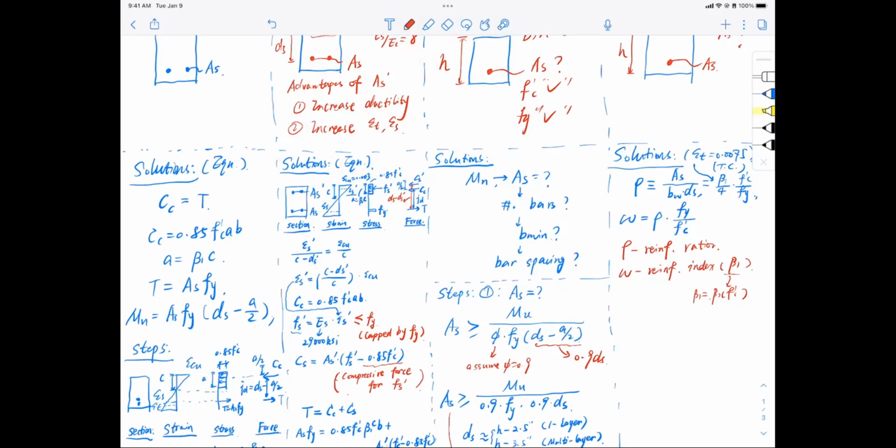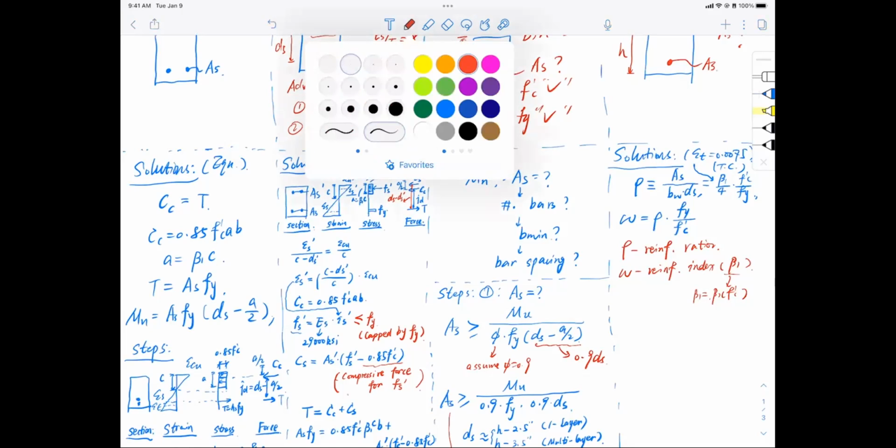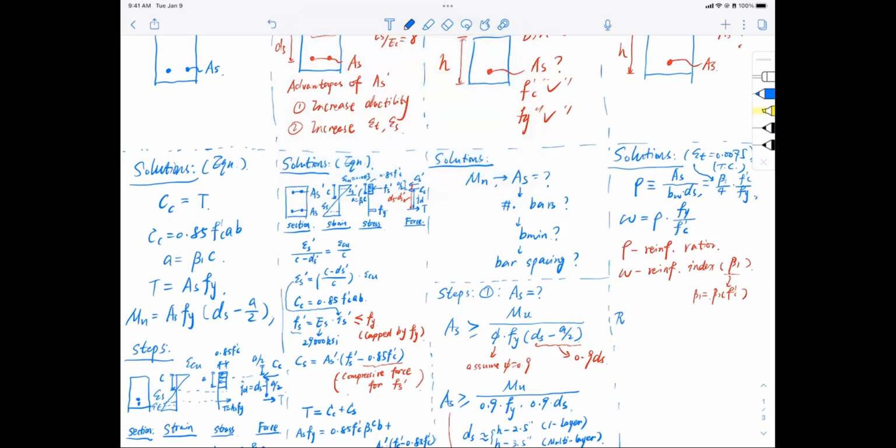But this is not over yet, and we have talked about this last lecture. What we learned last lecture is that after I have the reinforcement index, I come up with another fellow here. It's called R, defined as omega f'c times the bracket 1 minus 0.59 omega.